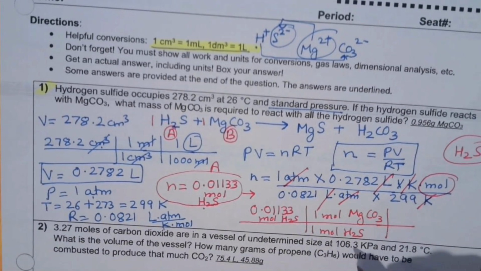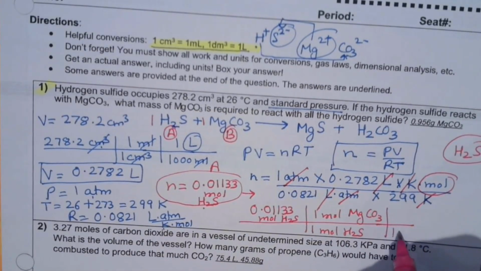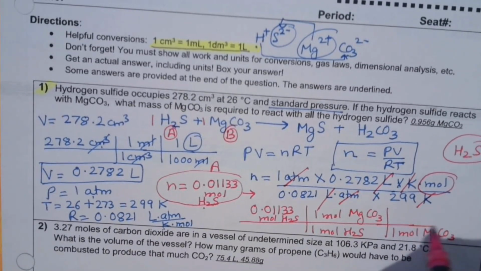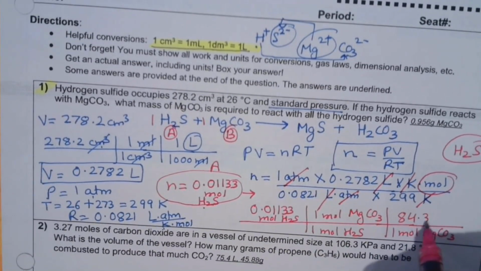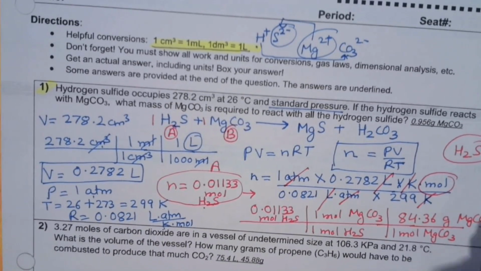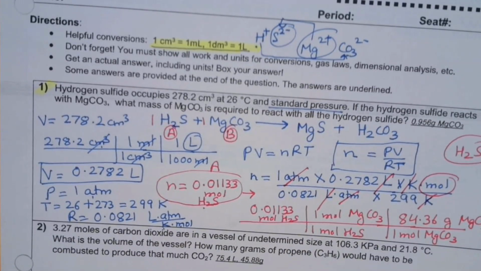Next, convert the moles into grams. So 1 mole MgCO3 is equal to 84.36 grams MgCO3. That's the molar mass. So just double check. You can cancel out all the units now.